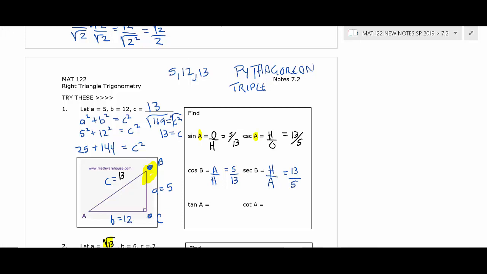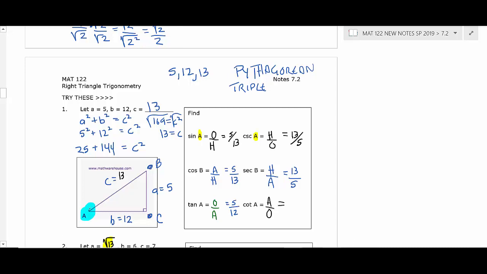And then the last one, the tangent is opposite over adjacent. We'll go back to focusing on angle A this time. Just look at this angle right here and talk it out. Opposite A is 5, adjacent A is 12, so the tangent is 5 over 12. Then the cotangent is adjacent over opposite.